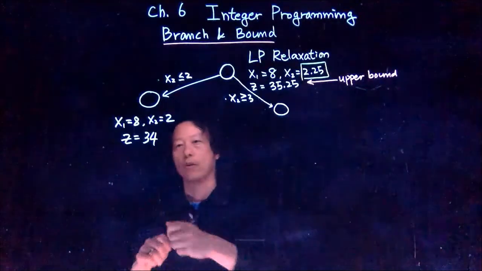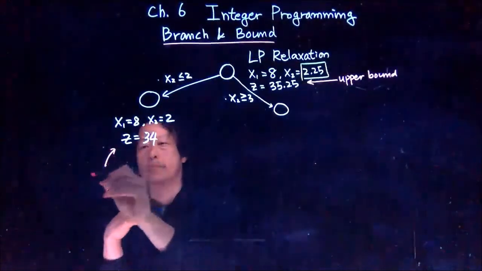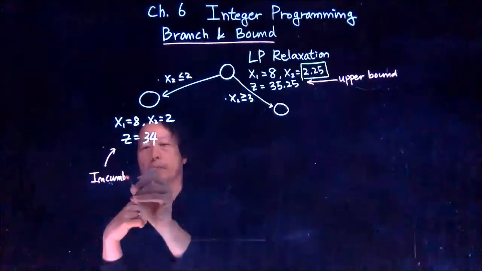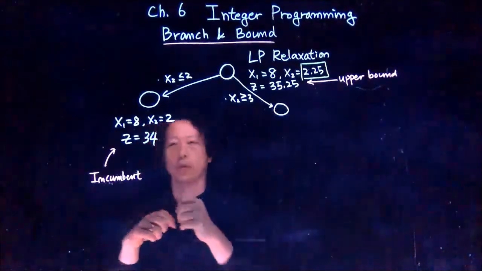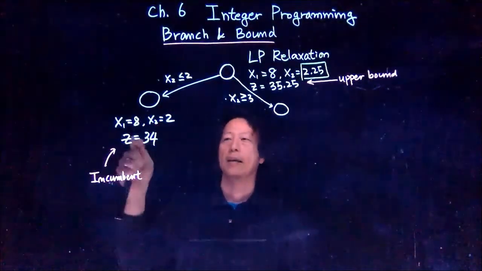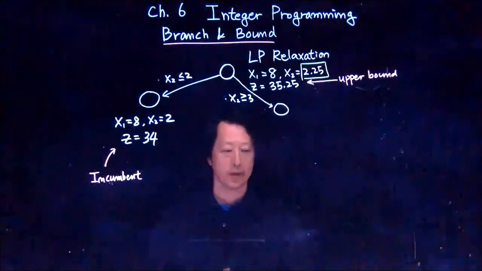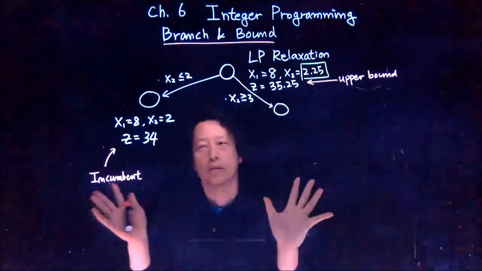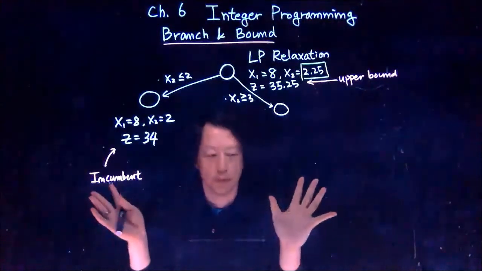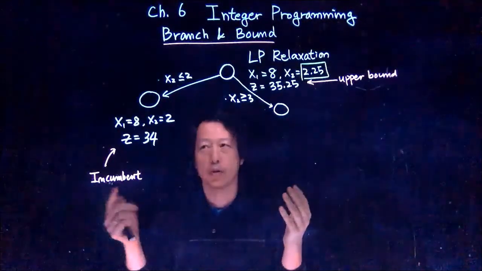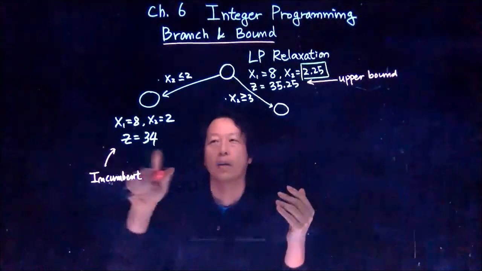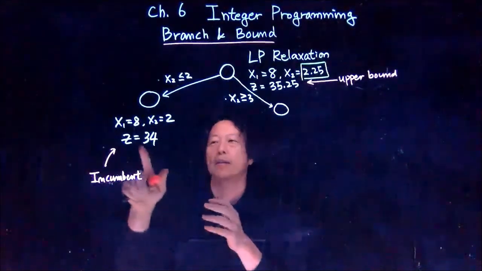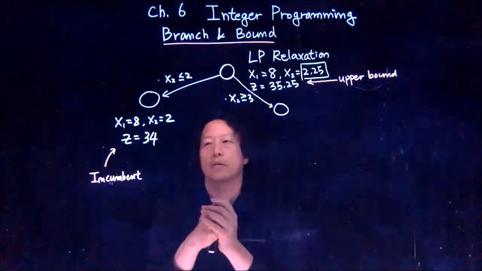This is what we call the incumbent solution, because the solution is 8 and 2, both integers, and z is 34. So far we don't know this is the optimal solution, but we found one feasible solution of our original problem, and the objective function is 34.